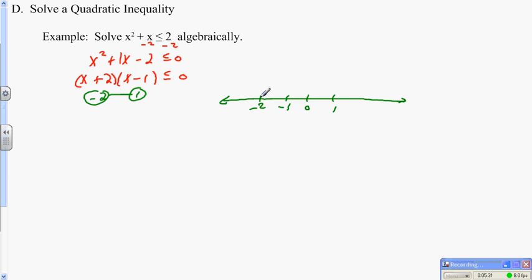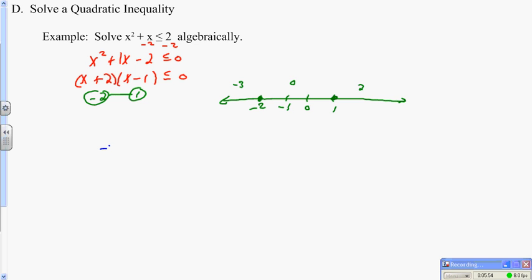If you remember back a couple lessons ago, what we've done here is we've created critical points, and we need to check the zones. So we plug in a -3, and we'll check that one. Plug in a 0, and we'll check that one. And plug in a 2, and check that one.